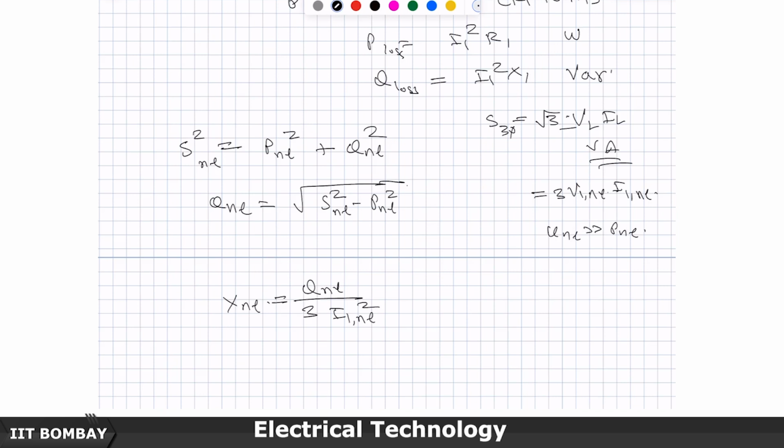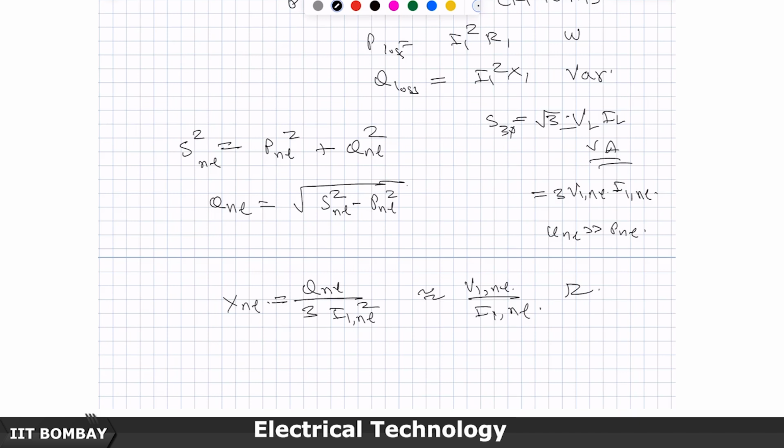So, if you want to make an approximation, you can make this approximation, or rather when you do this in the laboratory, you can check the validity of this approximation: take the line to neutral voltage divided by current, whatever you get is actually the square root of r square plus x square, x1 plus xm square, but because r is much smaller than this, approximate that itself as the XNL.